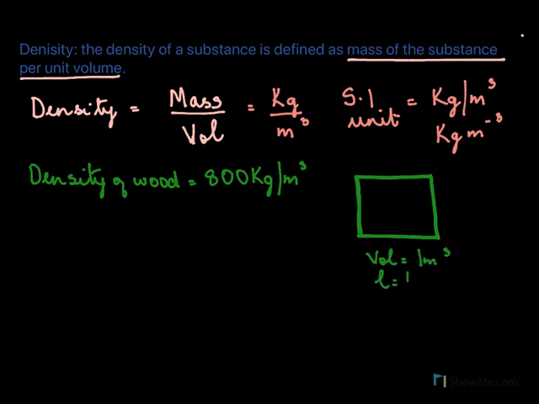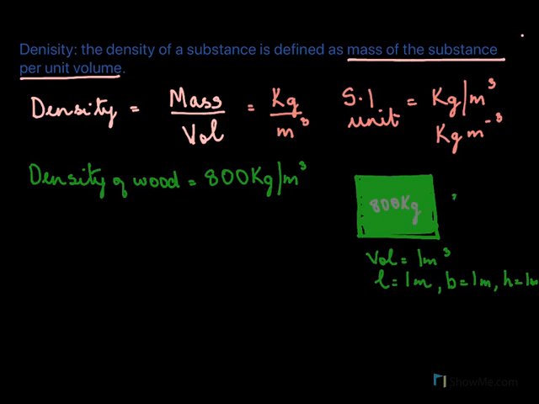Volume 1 meter cube means length is 1 meter, breadth is 1 meter, and the height is 1 meter. And this entire block has got some mass. The mass is 800 kgs. So the mass of 1 meter cube of wood is 800 kgs. That is, the density of wood is 800 kg per meter cube.